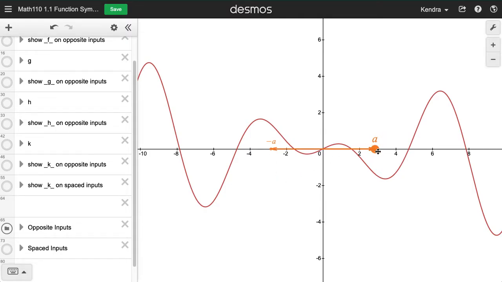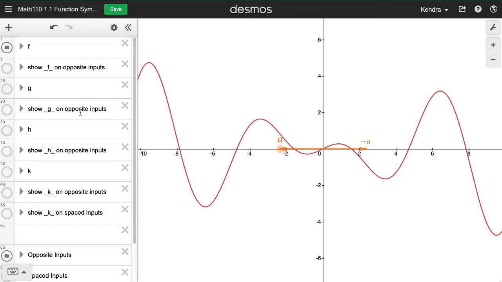Here I can say A is approximately 3-ish, and then negative A is -3, and vice versa. If I set A to -2, then the opposite of A is +2. So I can look at what happens to this function f on opposite inputs. If I click on this circle here, it will show what happens to f on opposite inputs.